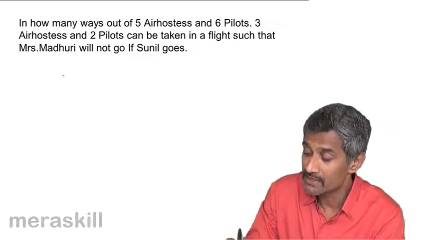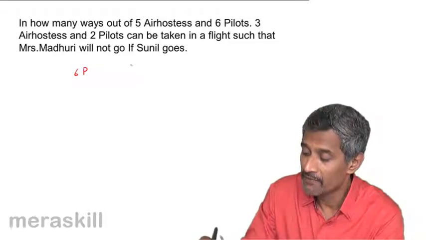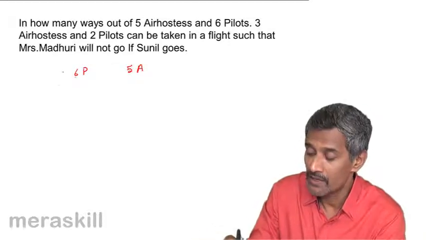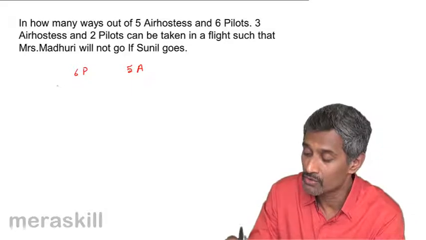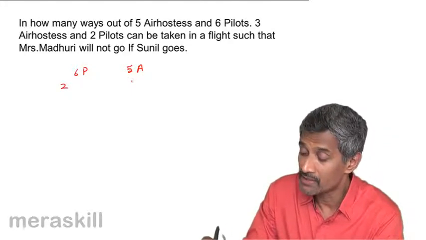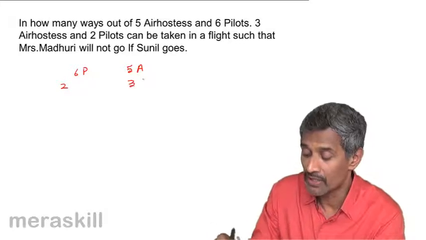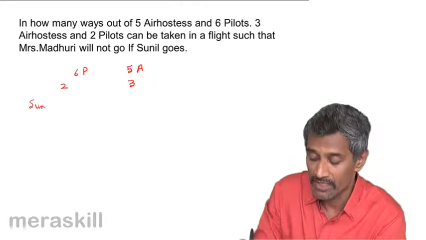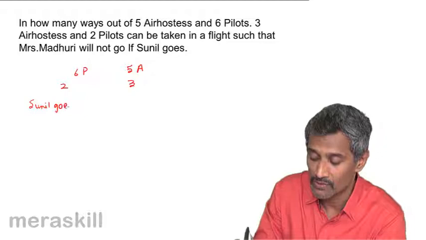So let's just list this down. There are 6 pilots and 5 air hostesses. Among the pilots, you need to select 2 of them, and among the air hostesses, you need to select 3. So let's consider 2 cases. Sunil definitely goes.